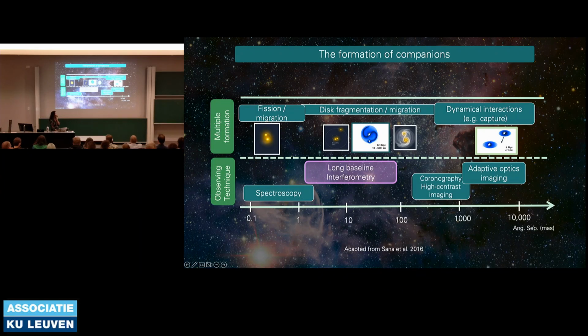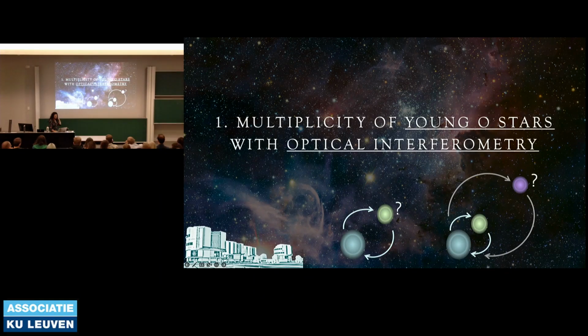If we can detect companions between 1 and 100 milliarcseconds, it means that disk fragmentation or migration can have produced disk companions. So I will talk about the multiplicity of young O stars with optical interferometry. We are trying to see whether they are single, binaries, triples, or even higher order multiple systems.